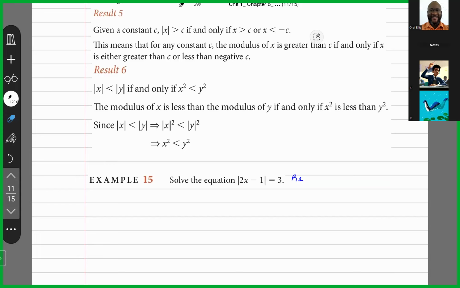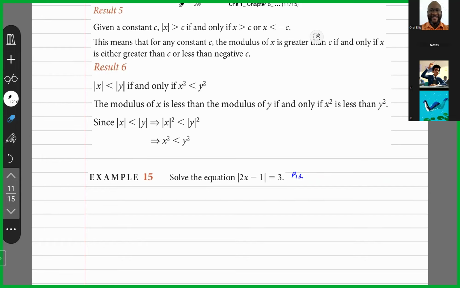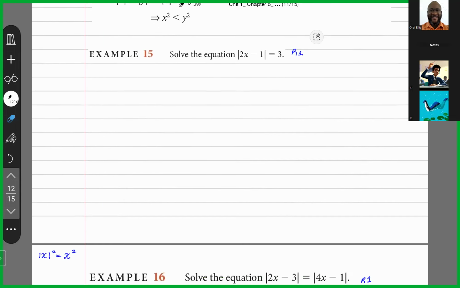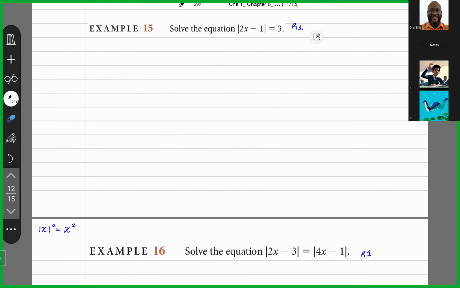So I'm going to do example 15 next, utilizing result 1. Result 1 essentially is the mod of x squared is equal to x squared.